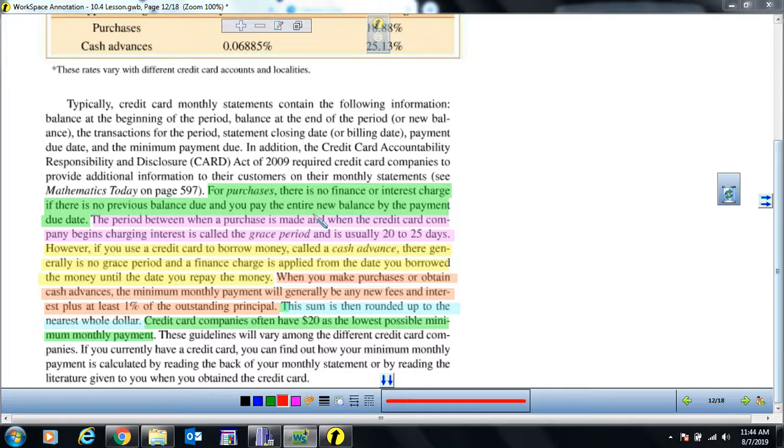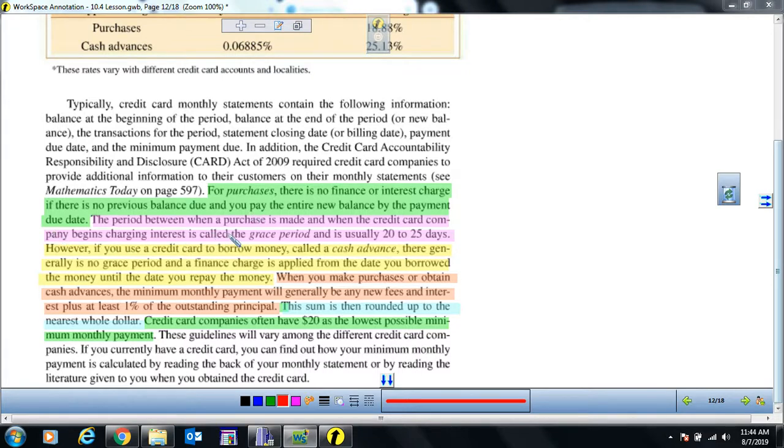So if your credit card is blank, like you haven't used it, or you already bought something and paid it right away, there's no balance due. Then you're not really being charged a finance or interest charge.